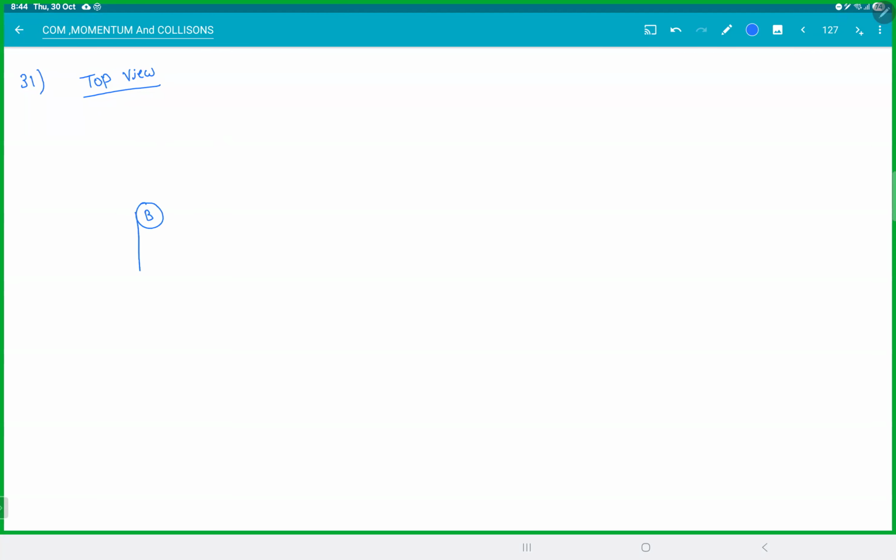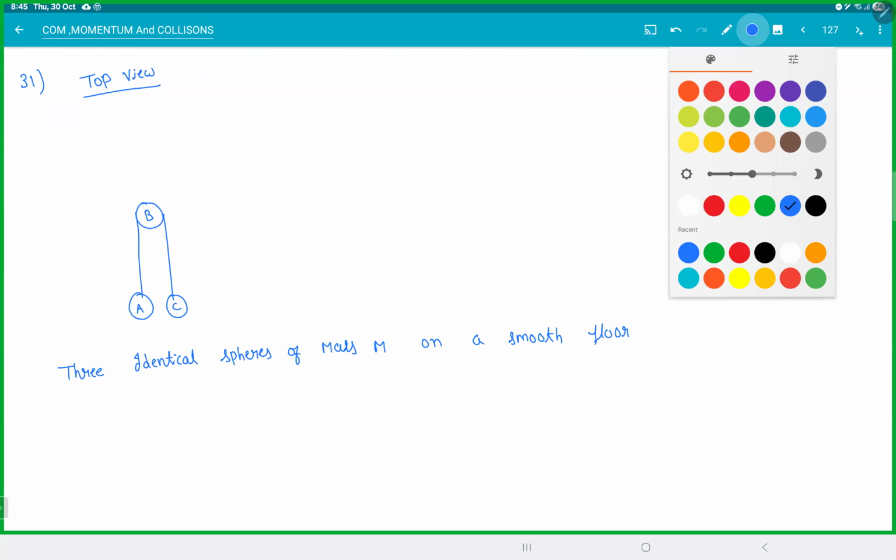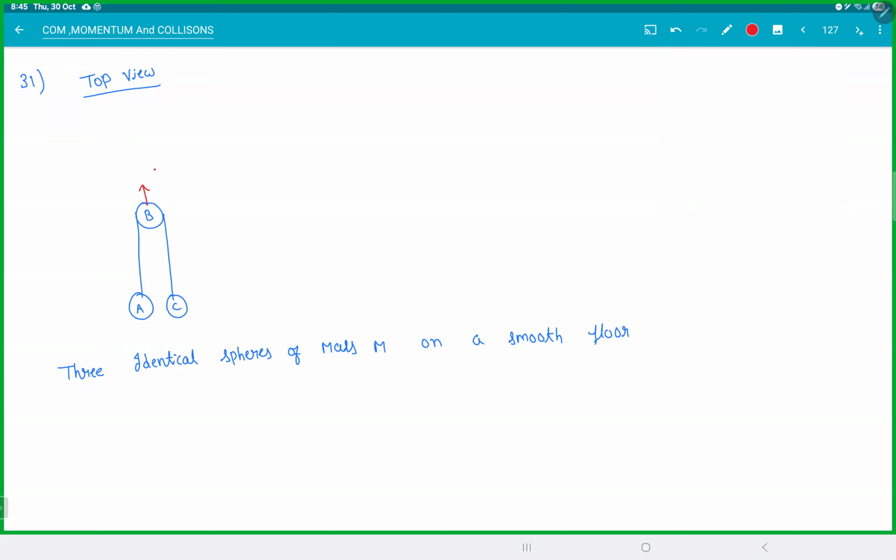Let's say this is B, this is A, this is C. So these are 3 identical spheres of mass m placed on a smooth floor. Then what you did, you kicked the middle ball with speed u. Only the center ball is given speed u. If you do that, what do you think will happen?